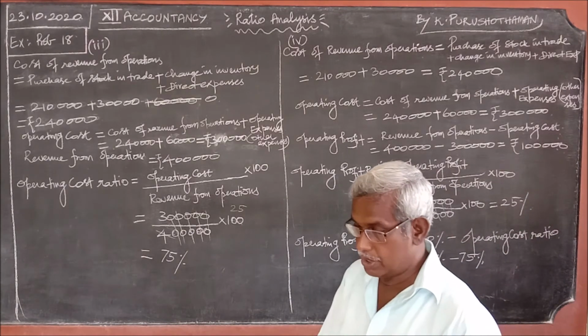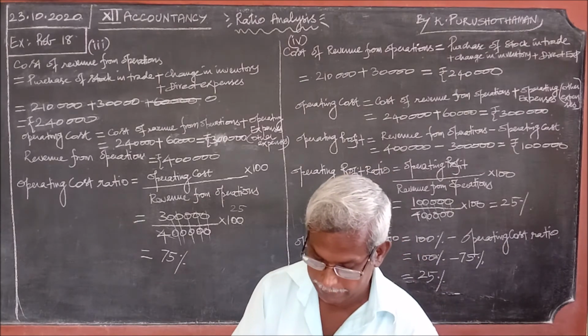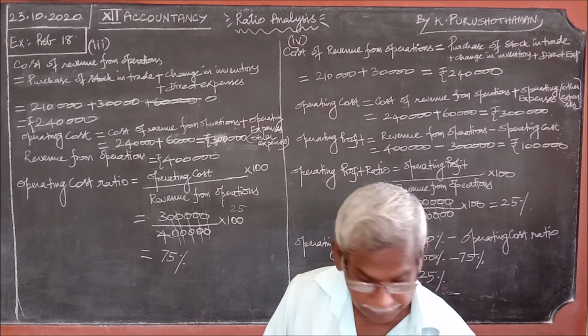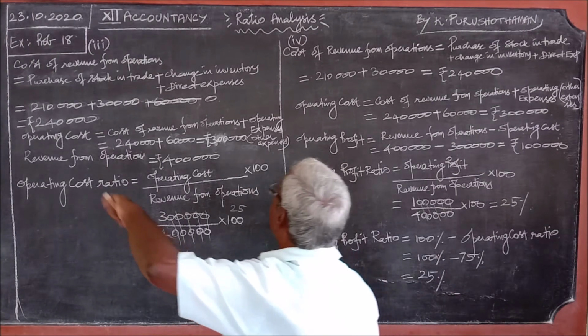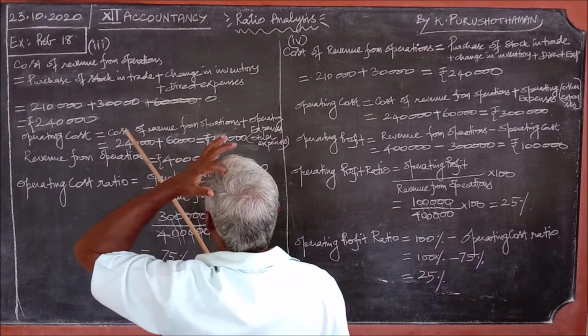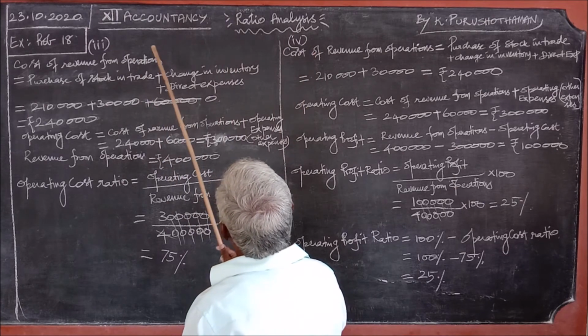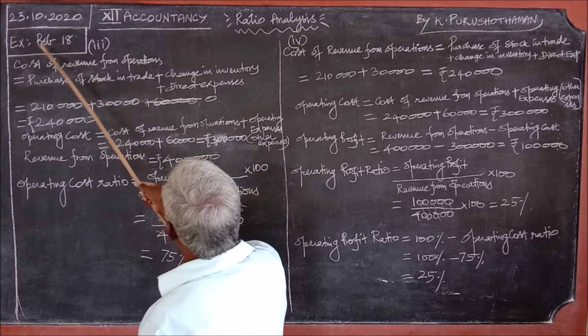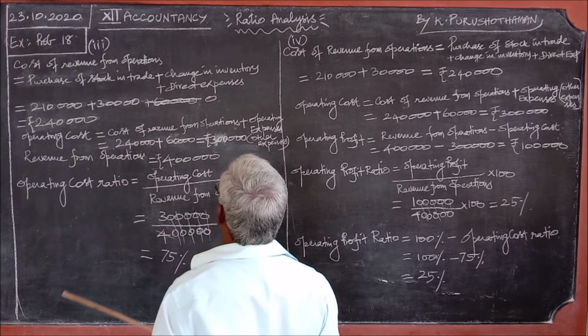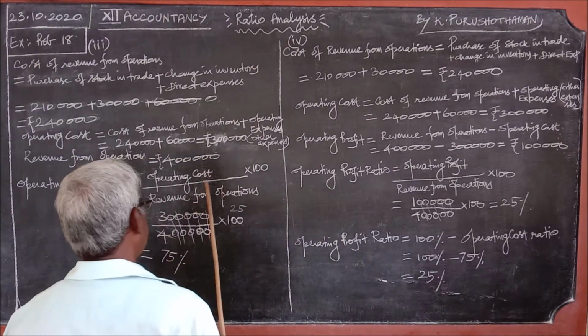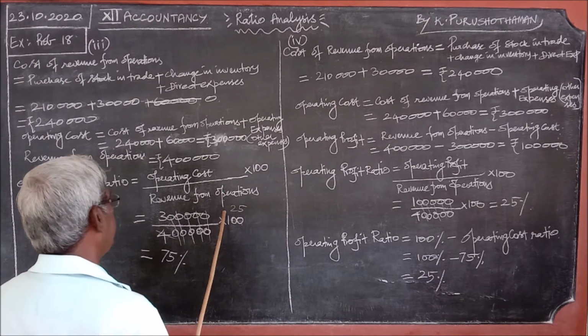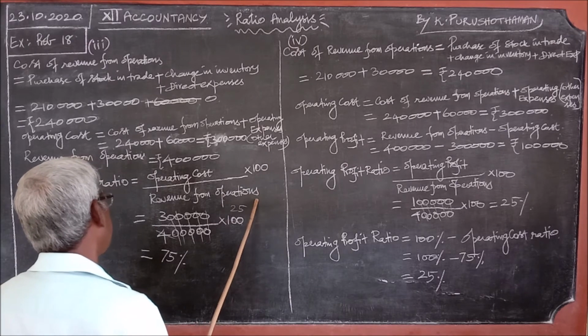Once again repeat the same for a few minutes. As it is in illustration 18, we are doing the third and fourth division in problem 18 given in the exercise also. You know, operating cost ratio is equal to operating cost by revenue from operations into 100.